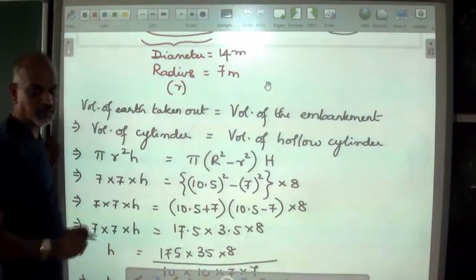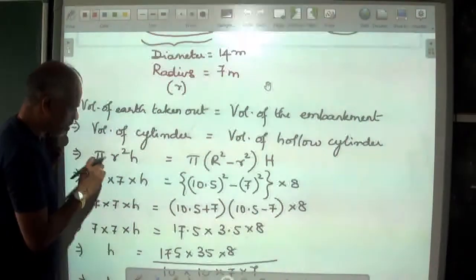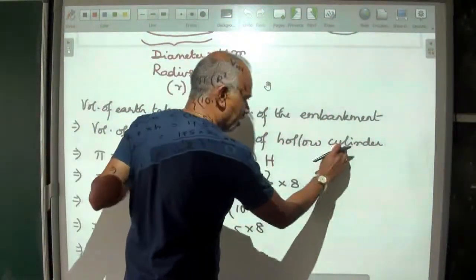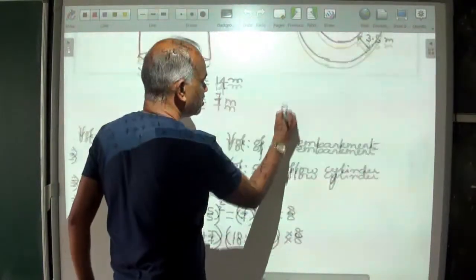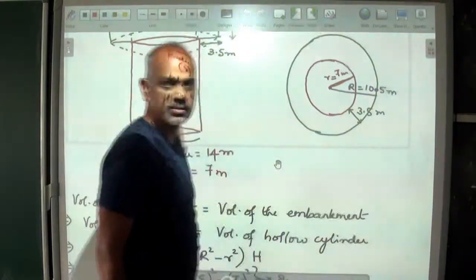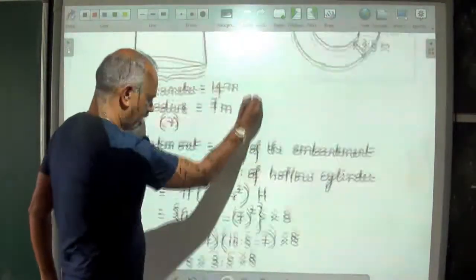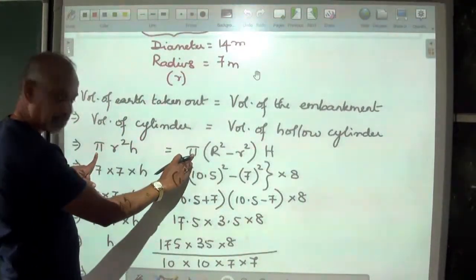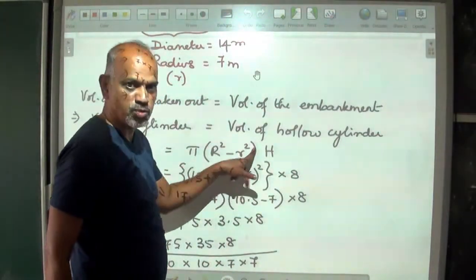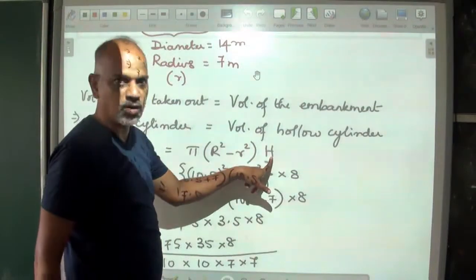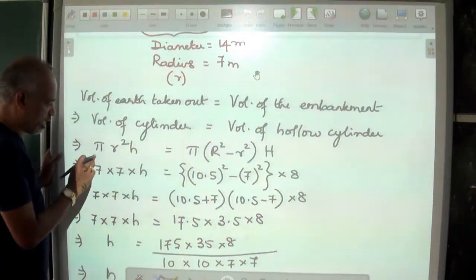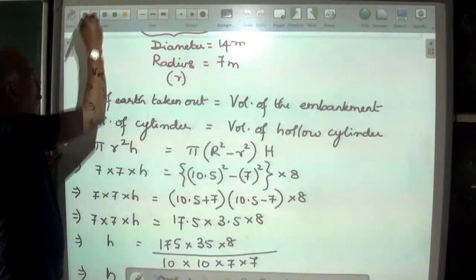Now to substitute by the formula, volume of cylinder is pi r squared h is equal to volume of hollow cylinder. If you notice, the hollow cylinder has small r and also capital R. Therefore, the formula is pi, instead of small r squared, you have capital R squared minus small r squared into height of the embankment. Now substitute values, you can cancel the pi on both sides.